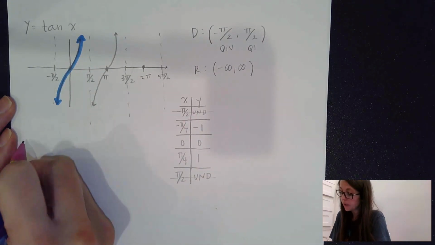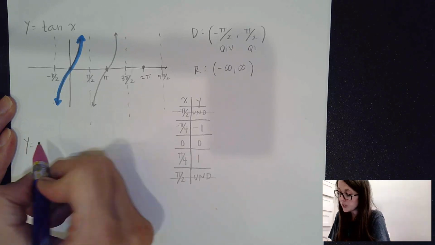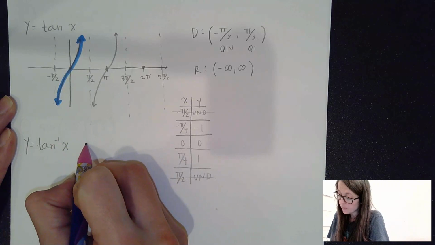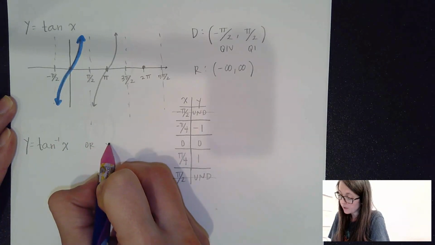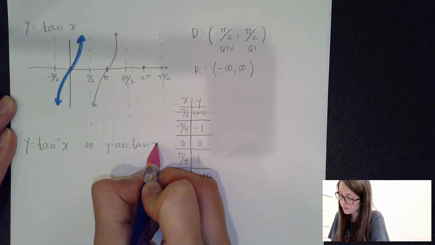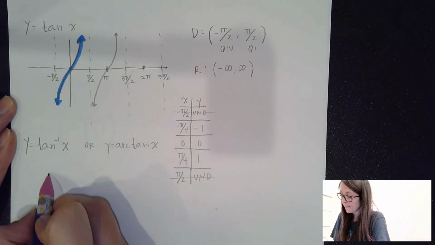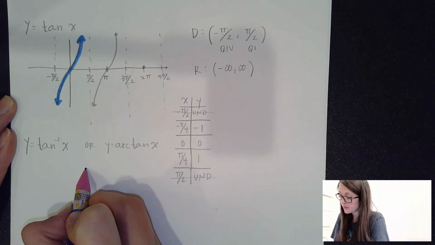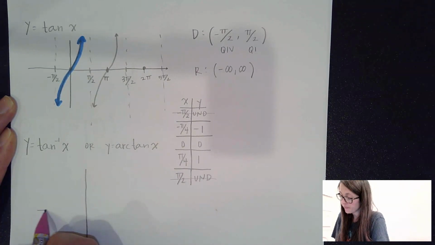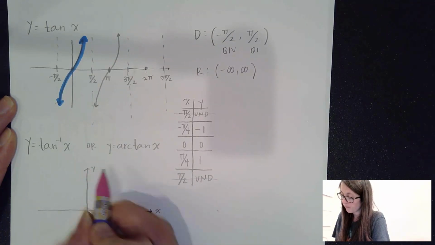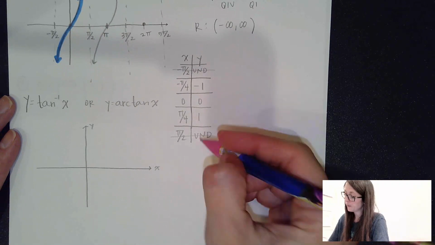All right, so when we graph our inverse tangent, or arctan, our x values become our y values.